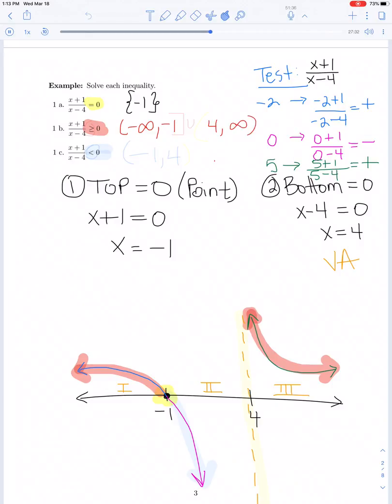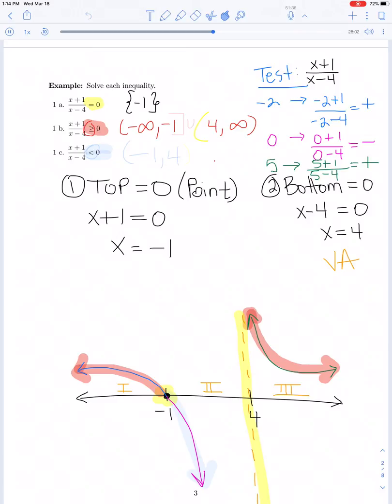The question is, what are the symbols I'm going to use at -1 and 4? Be careful. Yes, we do have an equal to here in B, but no matter what, we have an asymptote at 4. Because we have an asymptote at 4, you should always be using a parenthesis there.